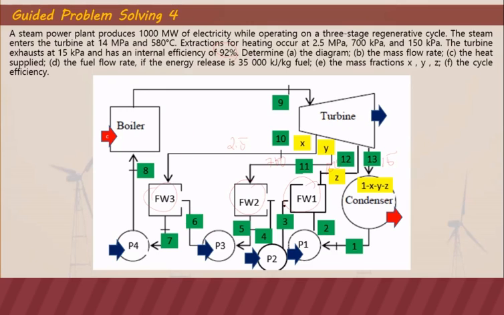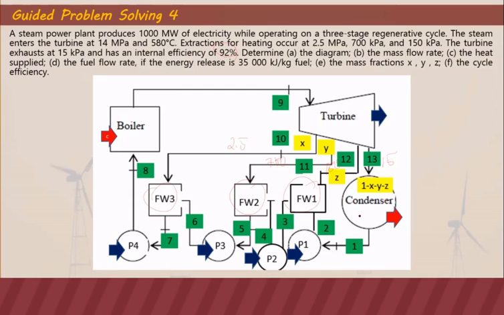This is the diagram for a 3-stage regenerative Rankine cycle. We have open feed water heater 1, 2, and 3. So we are going to determine the mass flow rate, the heat supplied, the fuel flow rate if the energy release is 35,000, the mass fractions y, x, y, and z, and the cycle efficiency.